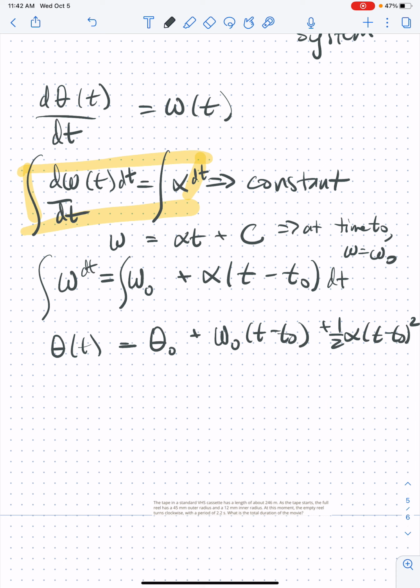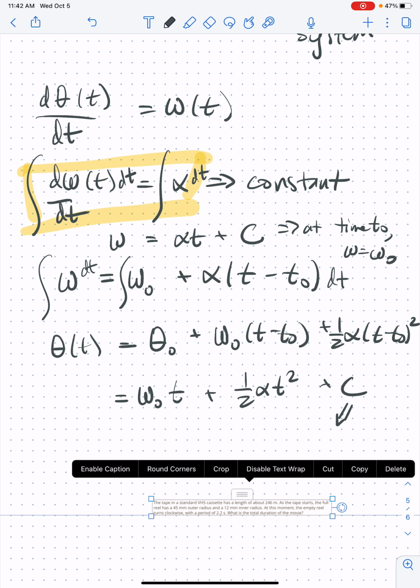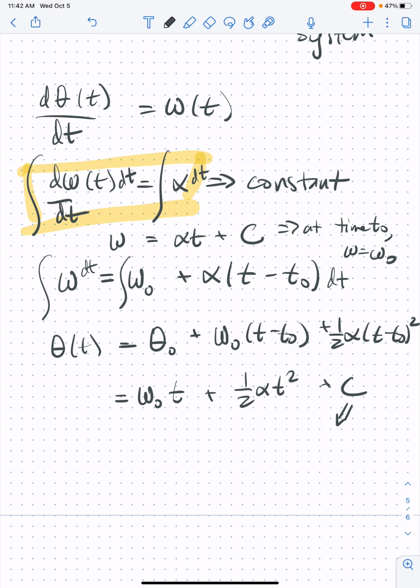Again, we can think of this as actually finding omega naught t plus 1/2 alpha t squared plus some constant, and then we're going to set our constant such that at time t equals t naught, theta equals theta naught, and the way to do that is by putting everything in terms of these constants shown here.